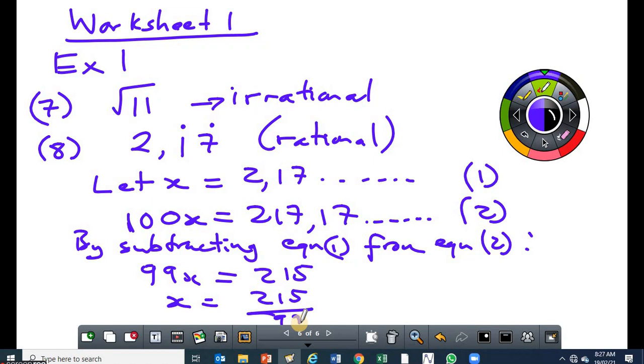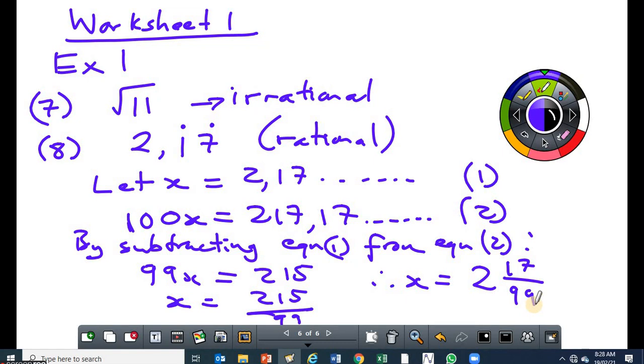Now, 215 over 99 is an improper fraction. So if you want, you can convert it to a mixed number. If you do that, what do you get? It will be 2 and what? 2 and 17 over 99. Again, you don't need a calculator to convert 215 over 99 to 2 and 17 over 99.